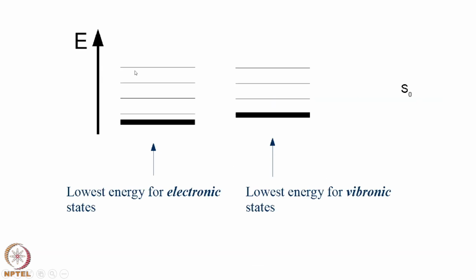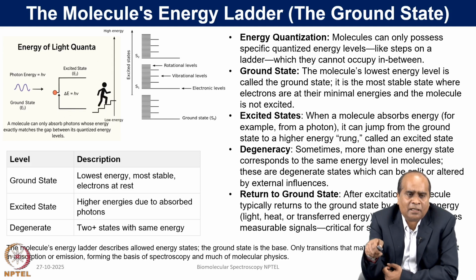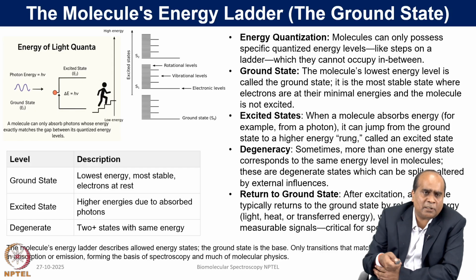That is the lower electronic state, and this is the lowest vibronic state, vibrational plus electronic; you see this can merge and that will be called vibronic state. So, let us sum up what we discussed in this 10 minutes or so.